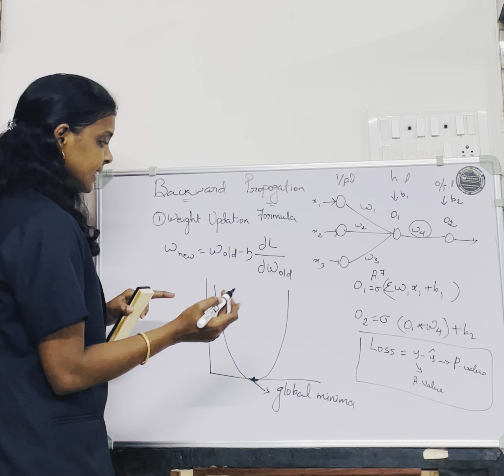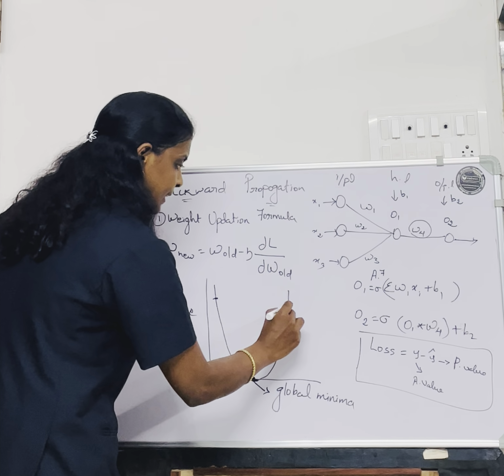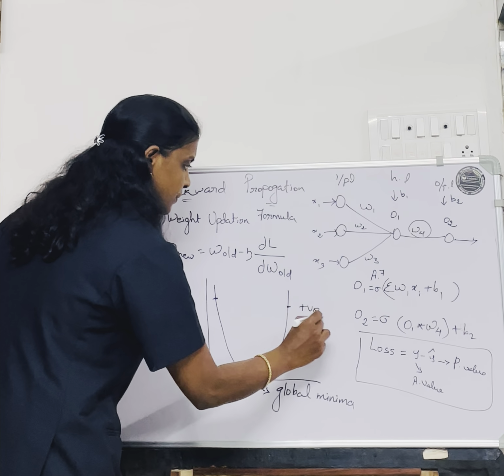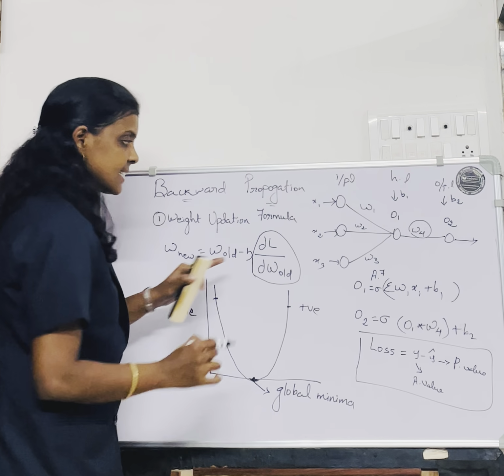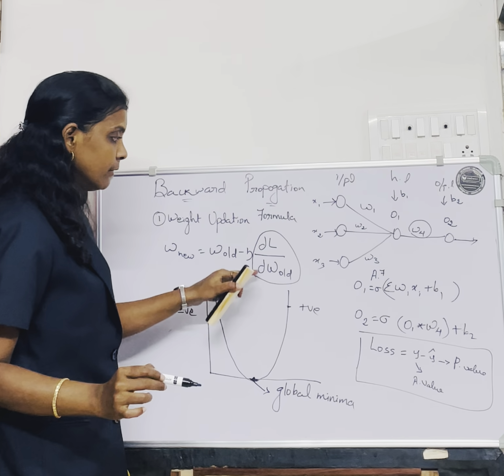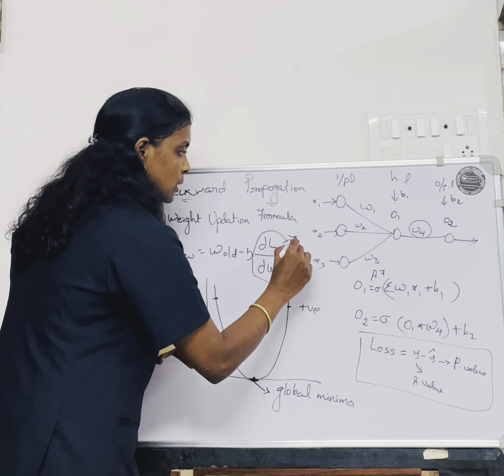You just consider left side is negative, right side is positive. So this part, this derivative of loss by derivative of W old, that means nothing but this is slope.